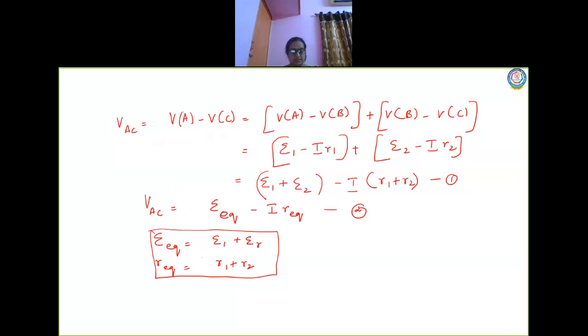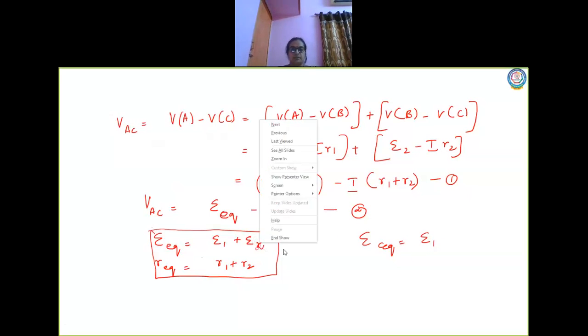So in that case, I have psi equivalent to be, instead of psi1 plus here it should be psi2, children, not R, it should be psi2 here. Wait 1 minute, children.